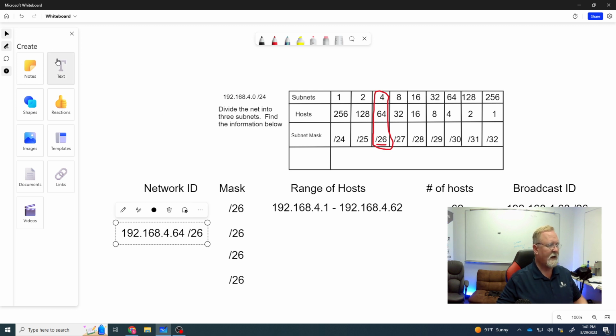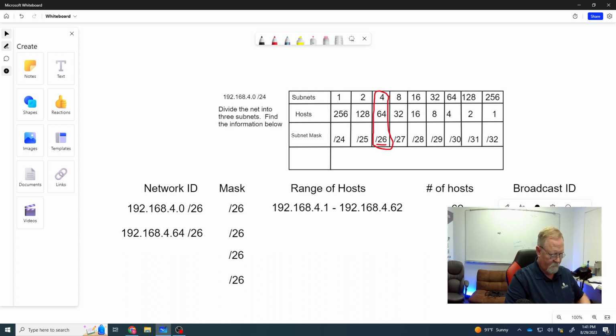So our broadcast ID is going to be 192.168.4.127/26. Okay, there's that. And so the ones in the middle are going to be 65 to 126. So let's go ahead and put them in there.